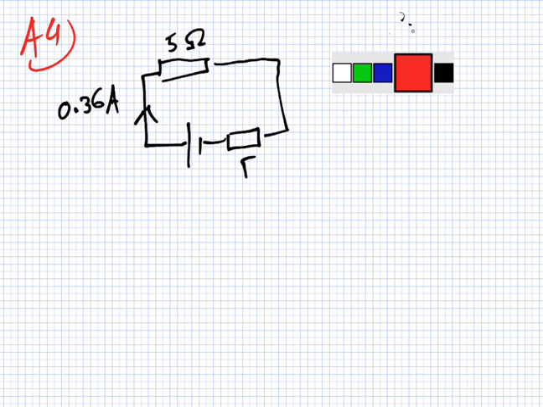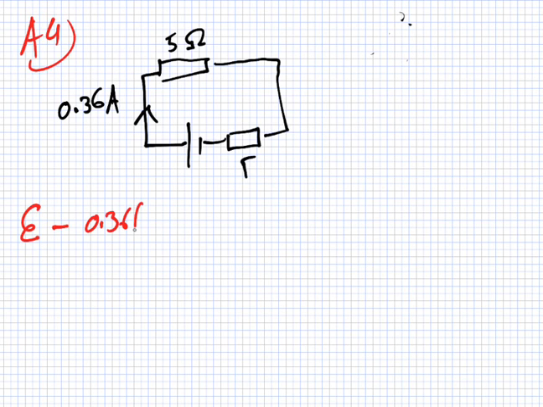It shouldn't be negative. If you use the loop rule here, you get E minus 0.36 times 5 minus 0.36r equals 0. And then it says a 4 ohm is connected in parallel with the 5.